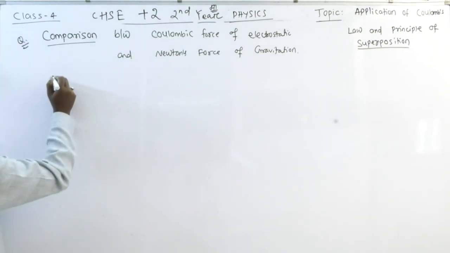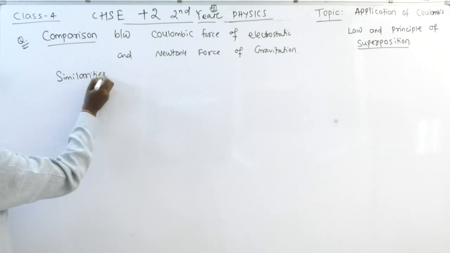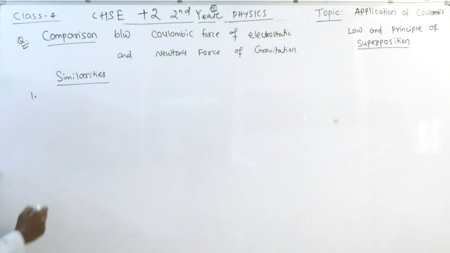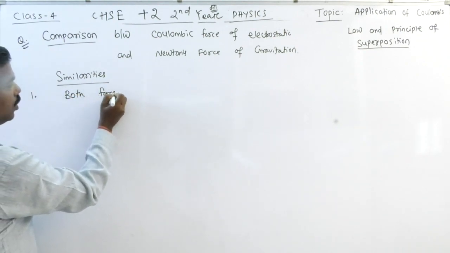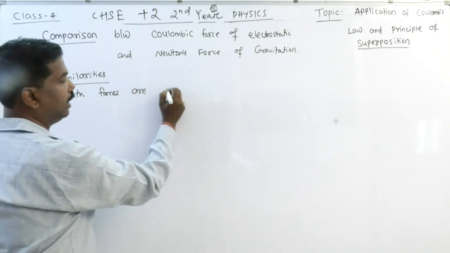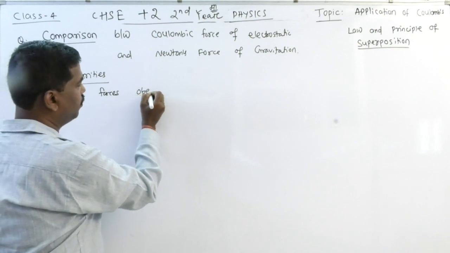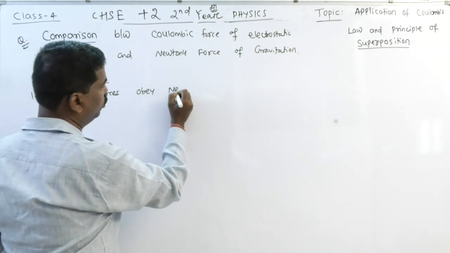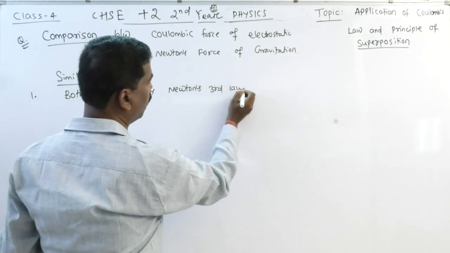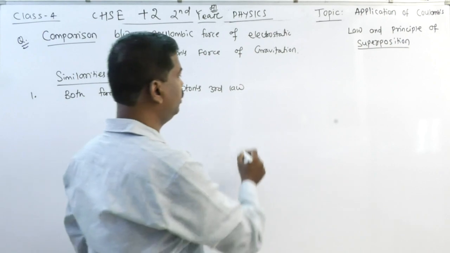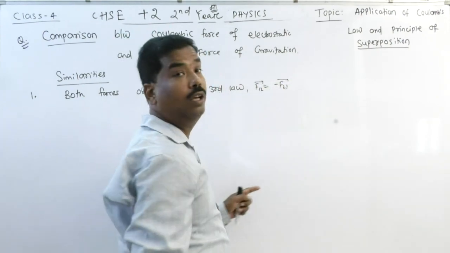So, the similarities. What are the similarities? First one, both forces obey Newton's third law, that is F12 is equal to minus F21.